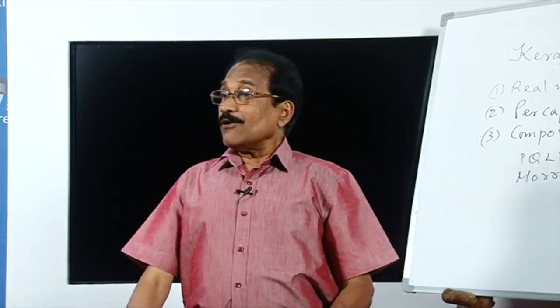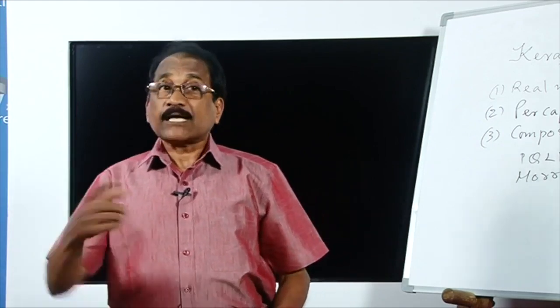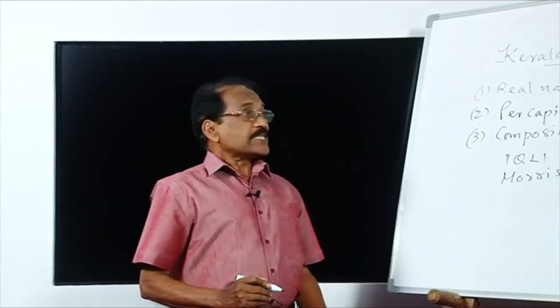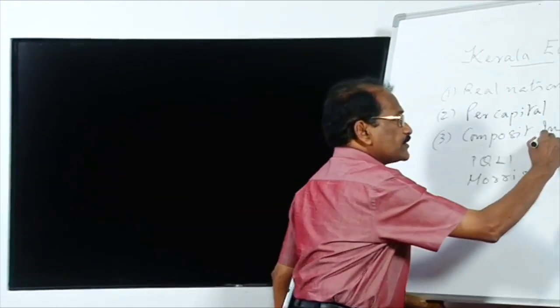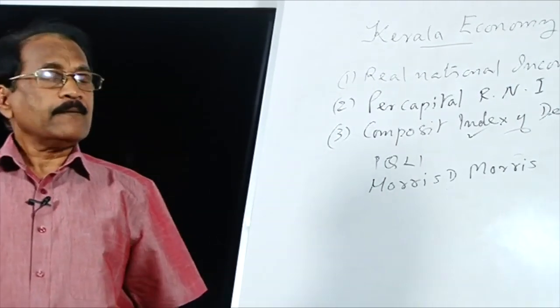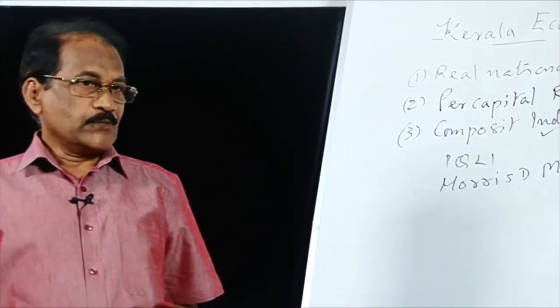The Kerala model of economic development was proved subsequently also, not only through this PQLI. Subsequently, another most important composite index was developed by UNDP. UNDP is what?